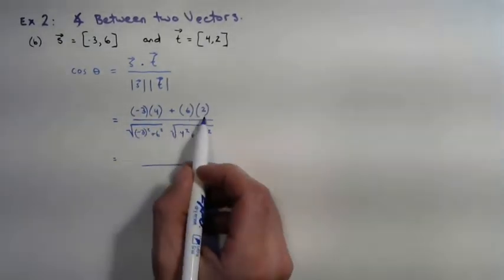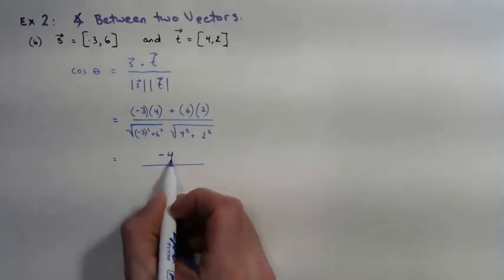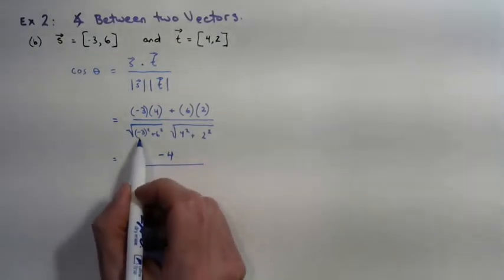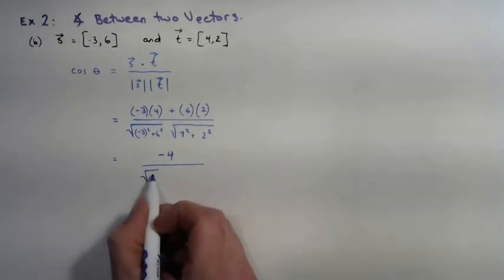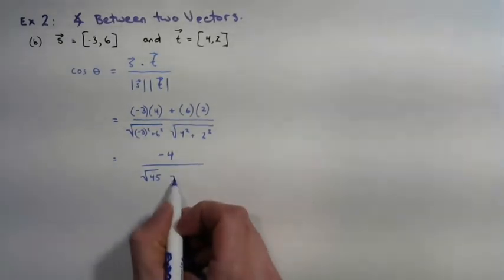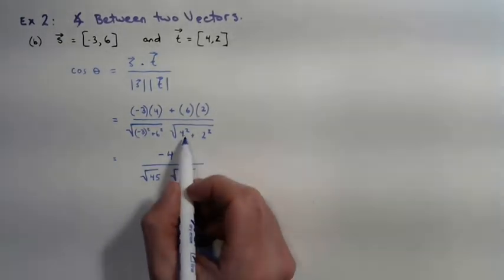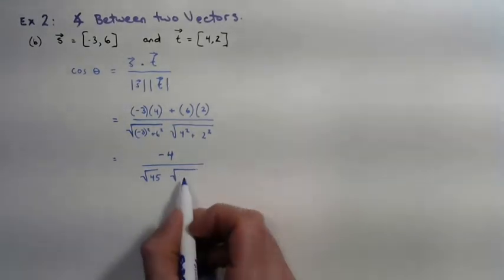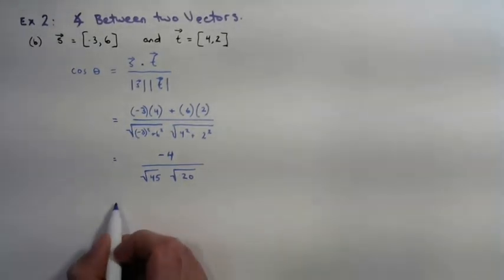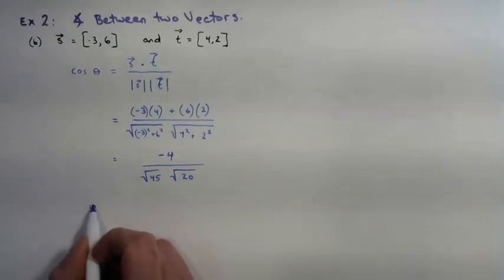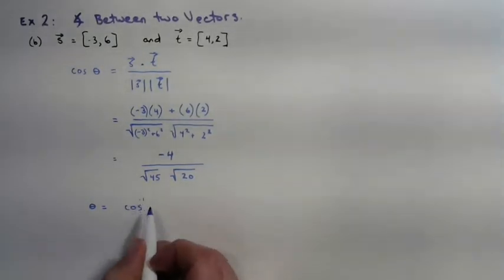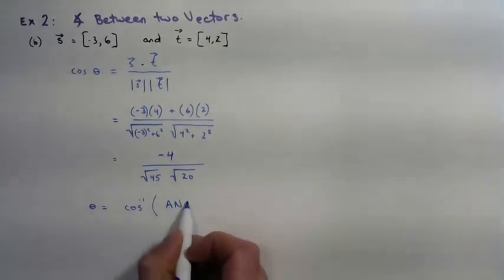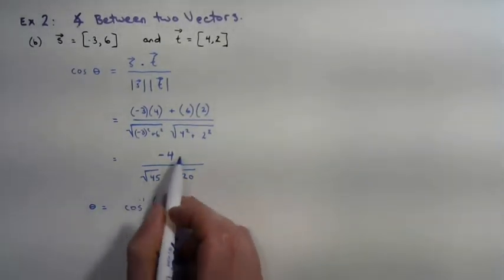Negative 12 plus 8 is going to be negative 4 in the numerator. Here we're going to have 9 plus 36, that's 45. So the square root of 45 times the square root of 16 plus 4, that's 20. And so now I've got theta is equal to the inverse cosine, and I'm just going to go ANS for answer.